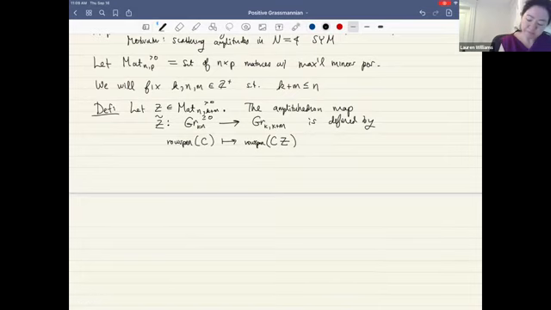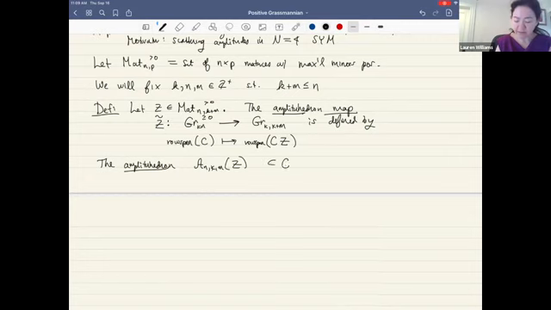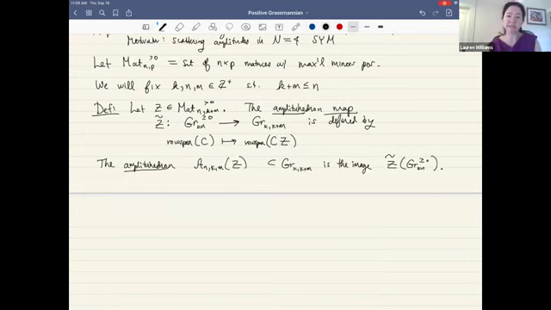And so this is the amplituhedron map, and then the amplituhedron, so it depends on these three numbers, n, k, m, and it also depends on our matrix Z. This is a subset of the Grassmannian of k-planes in k plus m space, and it is defined to be the image of the non-negative Grassmannian under the map Z tilde.